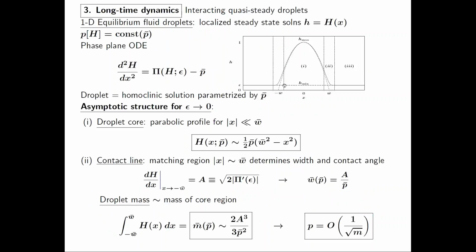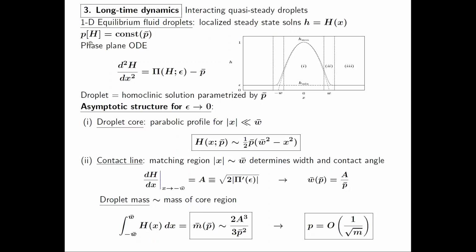So we're just left with several droplets separated by these thin layers. The droplets are now fairly stable and close to equilibrium locally. So we're going to see how they interact with each other. But each droplet is going to be close to equilibrium. And so I can first look at, okay, what are the equilibrium solutions of the original problem?